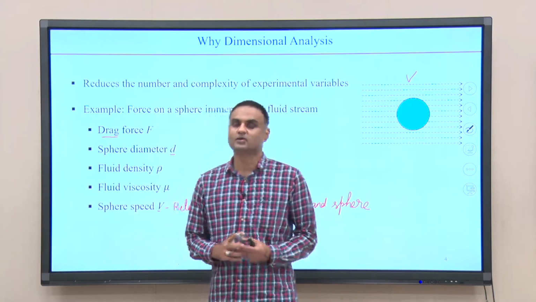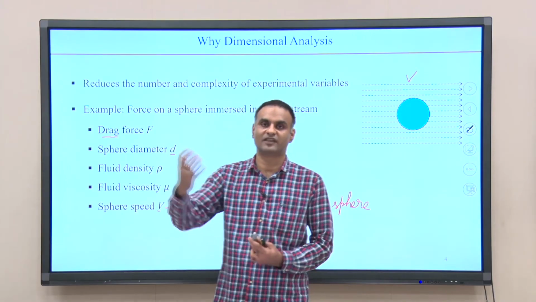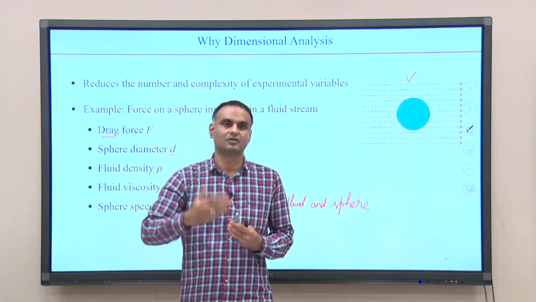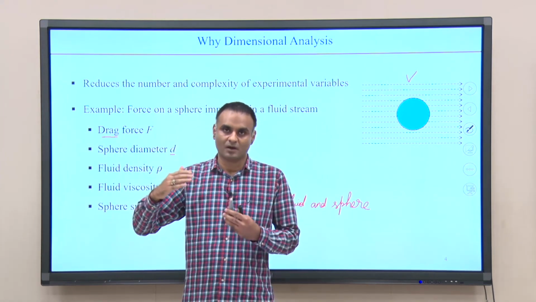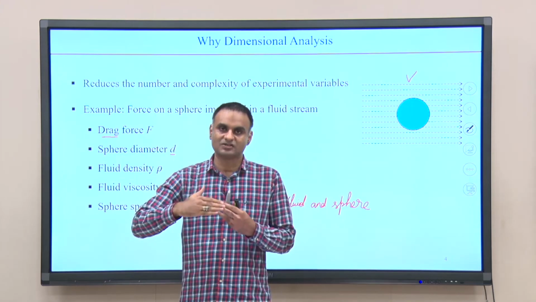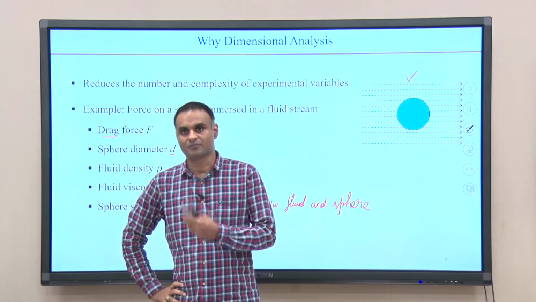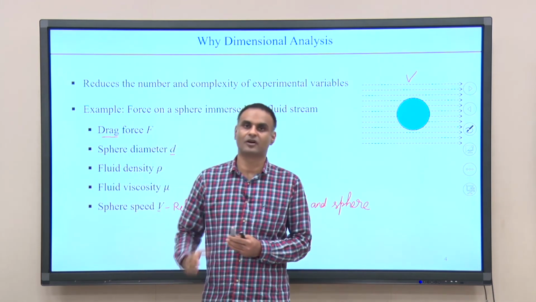We might need to choose spheres of different dimensions, let us say from 1 mm to 1 meter, to find out the dependence on diameter. So, we might need to take, let us say, some 8 to 10 data points for sphere diameter.